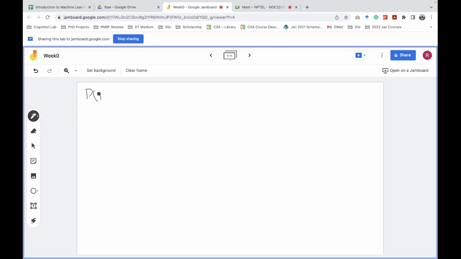So probability of D given plus is probability of plus given D into probability of D, divided by probability of plus given D into probability of D plus probability of plus given D bar into probability of D bar.